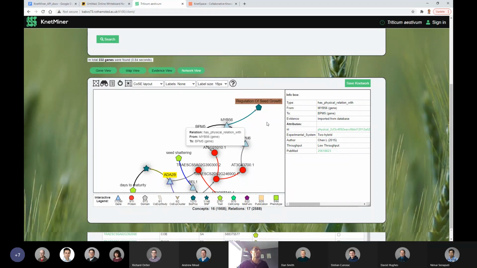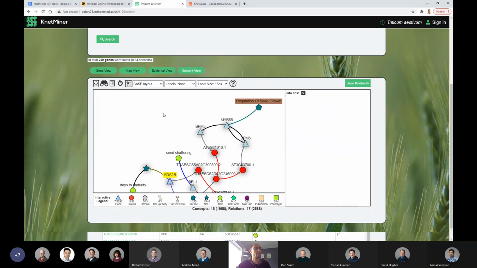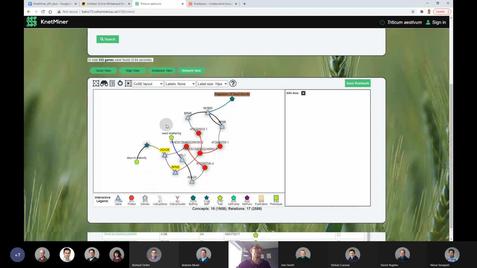Okay, so what I can do now is I can study this network in a lot more detail. I can add information to it or delete things from it. So to add more information, I can ask the question, for example, in which co-expression cluster are these two genes?